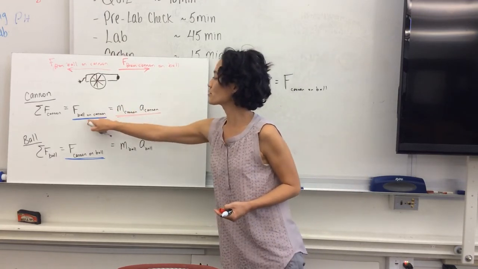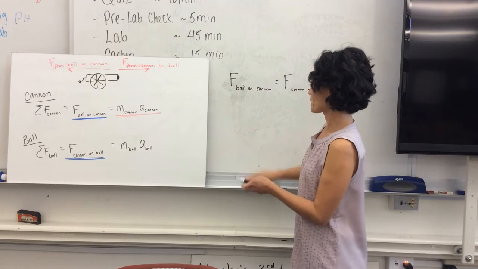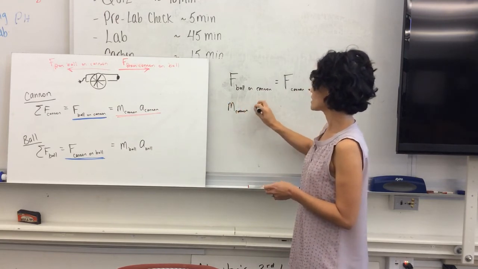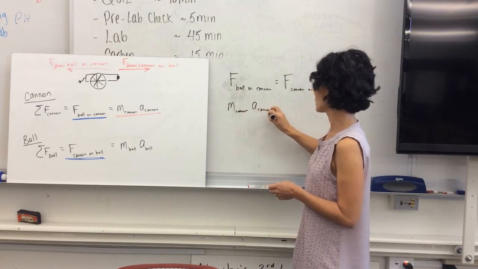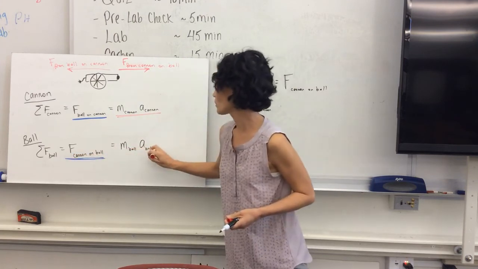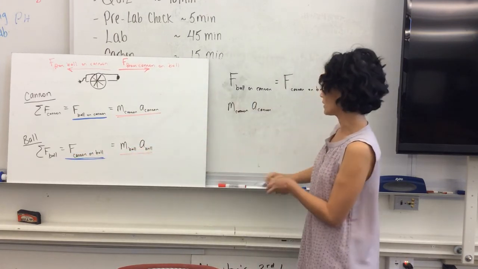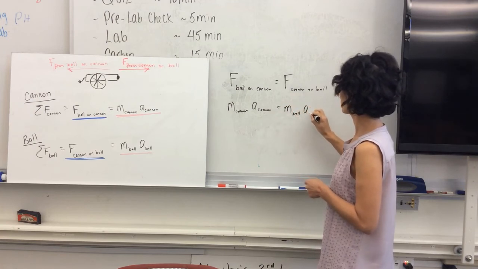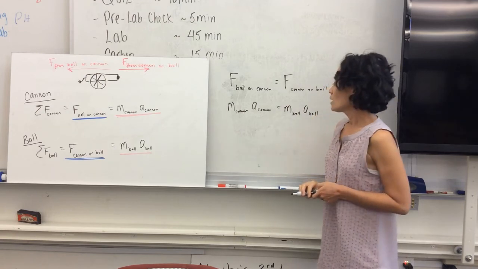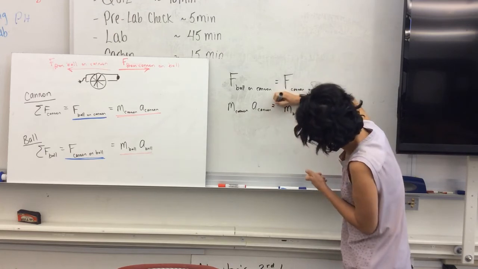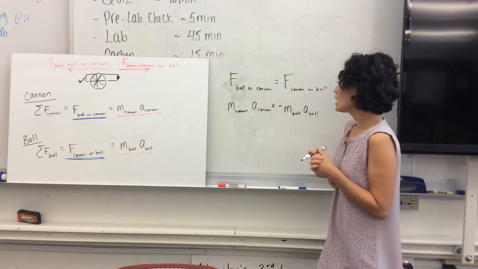So instead of force of ball on the cannon, I'm going to write the mass of my cannon times the acceleration of my cannon. And instead of writing force of cannon on the ball, I'm going to write mass of ball times acceleration of ball. Now, these quantities have to be equal but opposite, so I should put an opposite sign there.